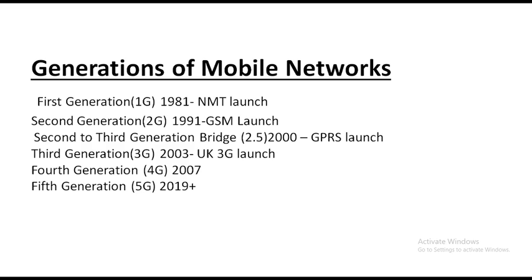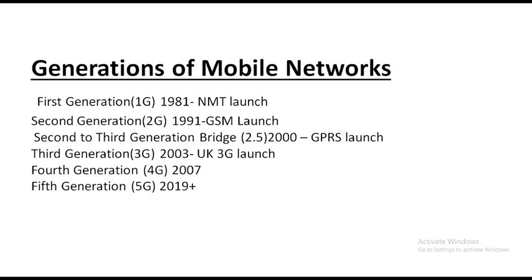And here they have used another technology called TDMA, time division multiple access. This is a technology used to share the same frequency with different users from different channels. For the first generation, if one person talks, only after getting the signal from the first person can the second person talk.